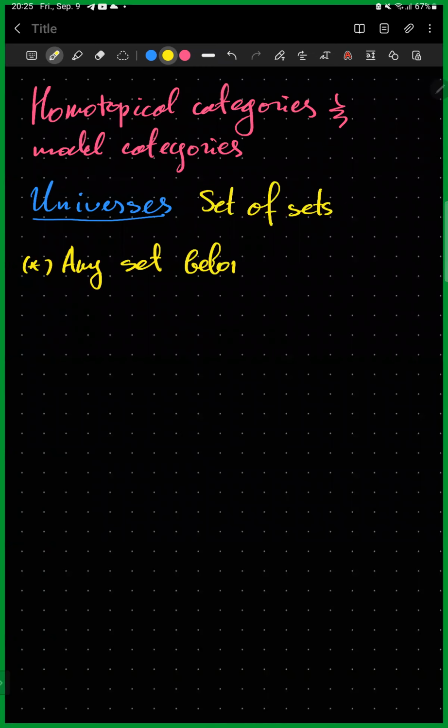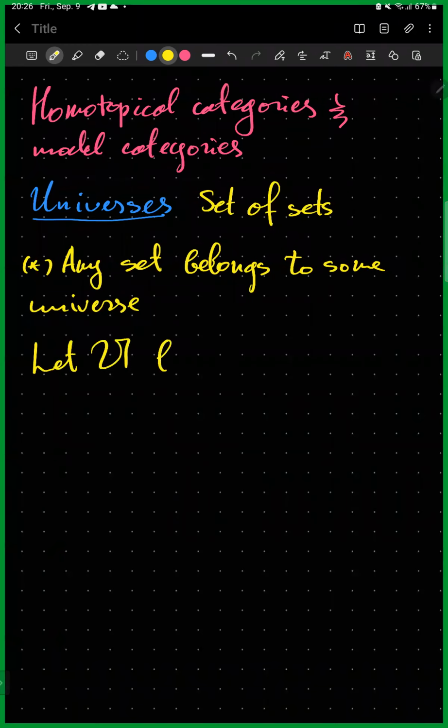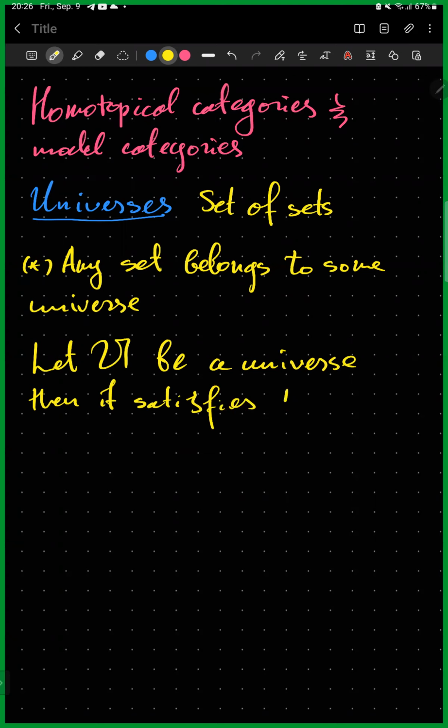So any set belongs to some universe. And that's the key axiom here. And also, let U be a universe. Then U satisfies the following properties.